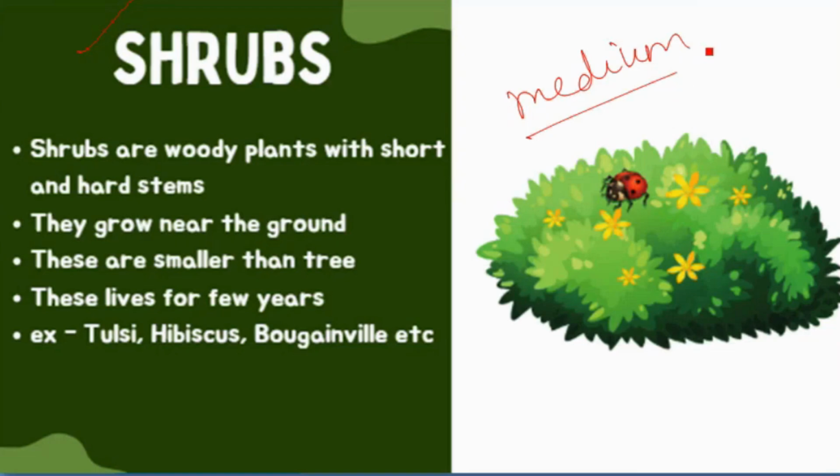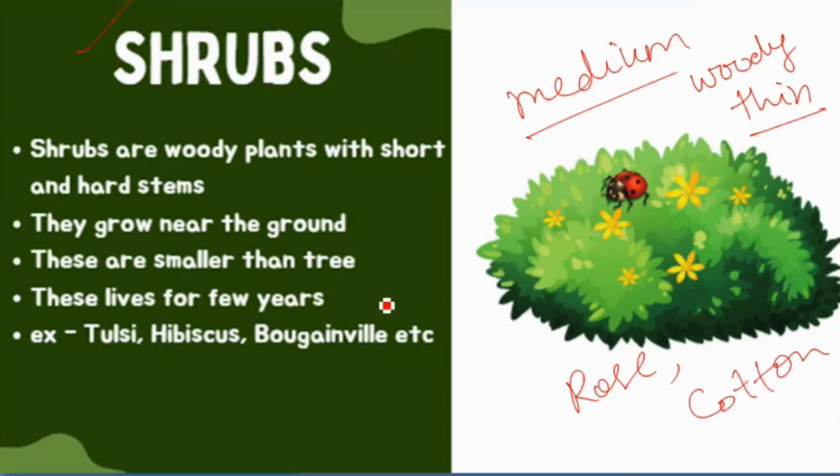And their stem is thin, like rose, bougainvillea, cotton plant. These are shrubs. And they grow near the ground because they are not so much tall, and they do not have many branches. They have branches but not so many like trees.